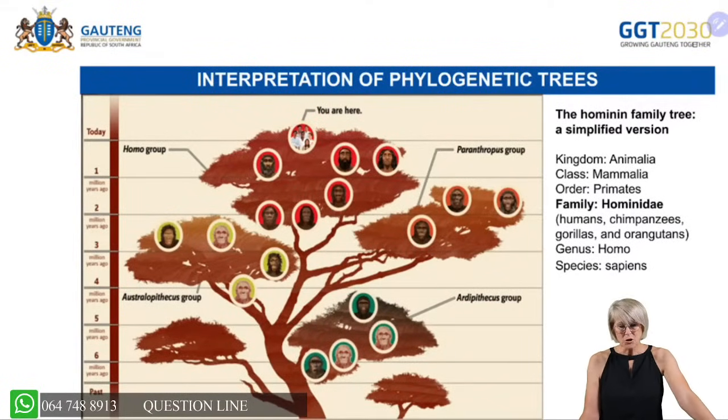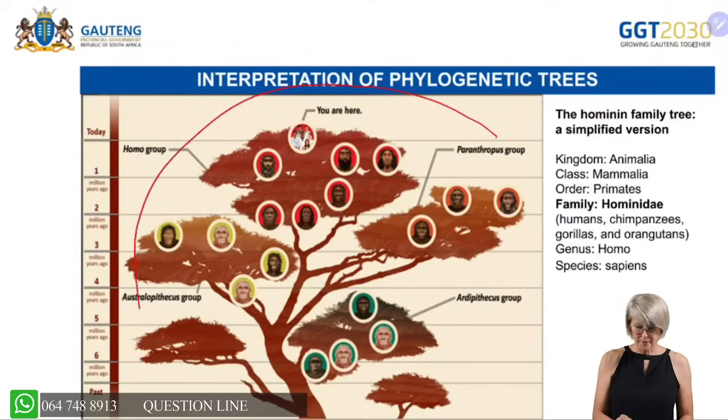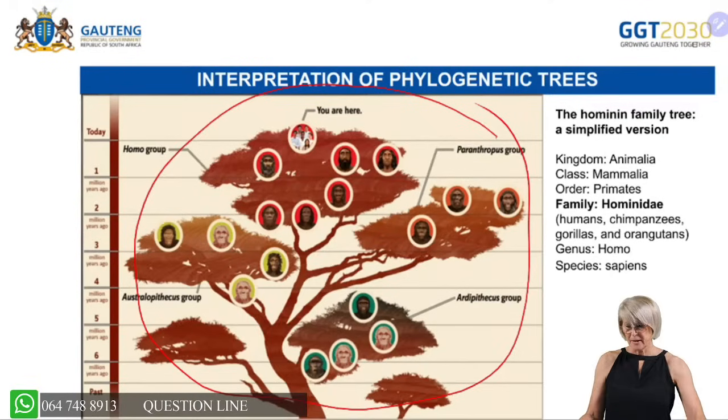Right, now to interpret a phylogenetic tree, this is an example here, and you can see this is the hominin family that is simplified or is being placed on the tree. It's a very simplified version, and that is the classification of humans, for example.